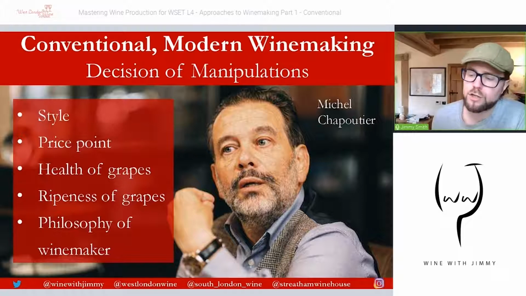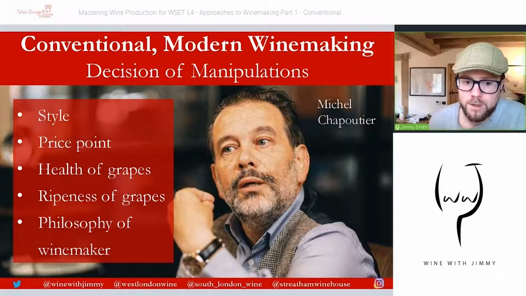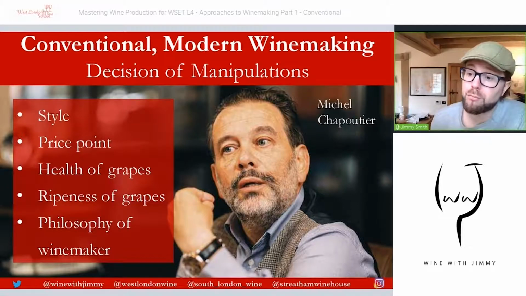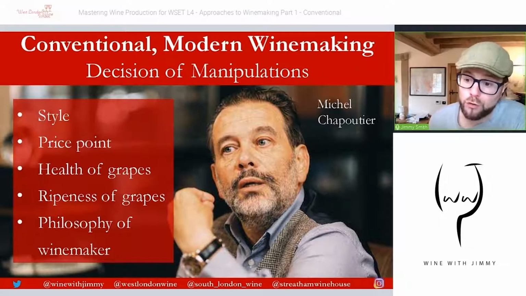For these styles, it's usually desirable to utilize sterile filtering, because the sugar will, of course, make it a more breeding environment for microbial spoilage. So it's important to eliminate that threat. So that's one option.